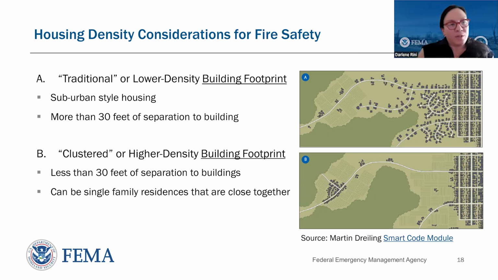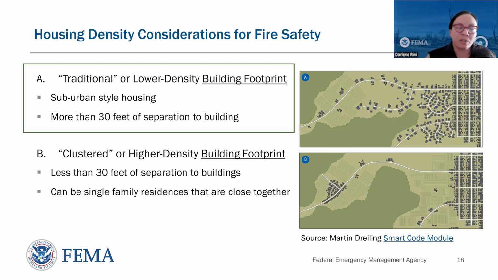Given those general concepts, we'll now go into some other spatial configurations that you may encounter when planning for a community or neighborhood. One consideration is housing density. In this case, we're simplifying it down to two basic conditions.